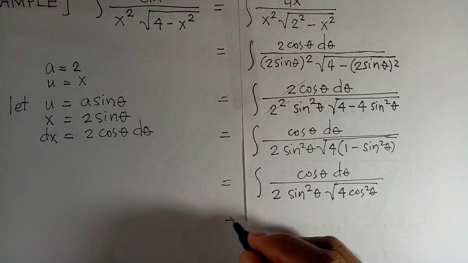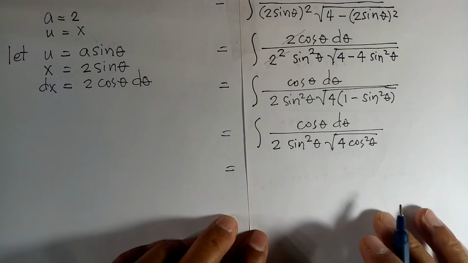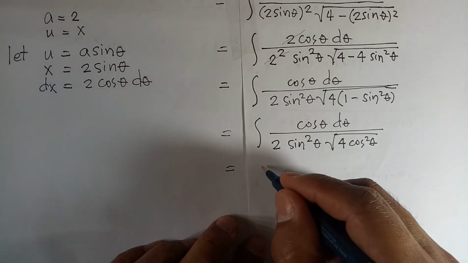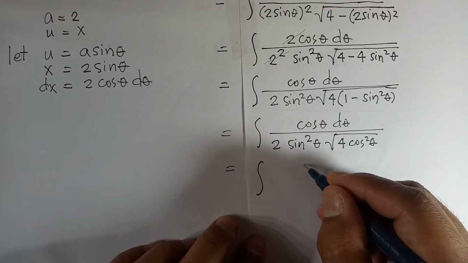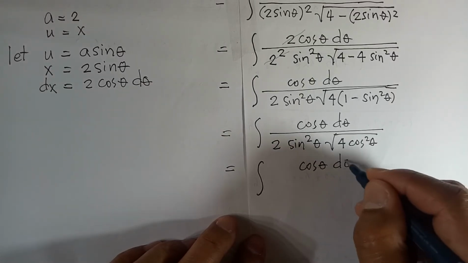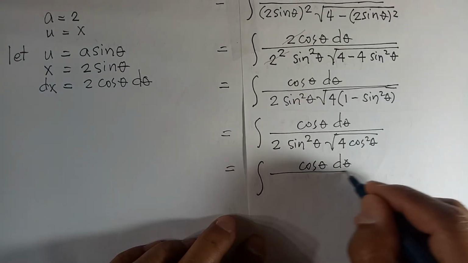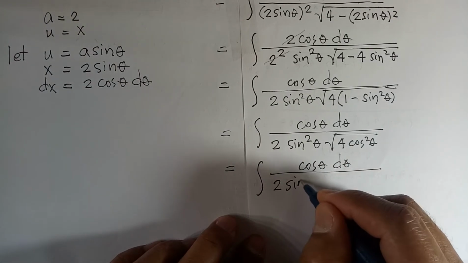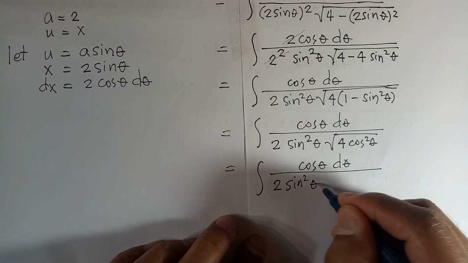Kukuha natin yung square root ng 4 cosine squared theta. So, I will have integral of cosine theta d theta divided by 2 times sine squared theta.